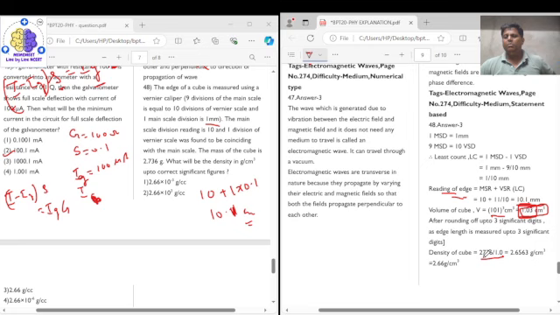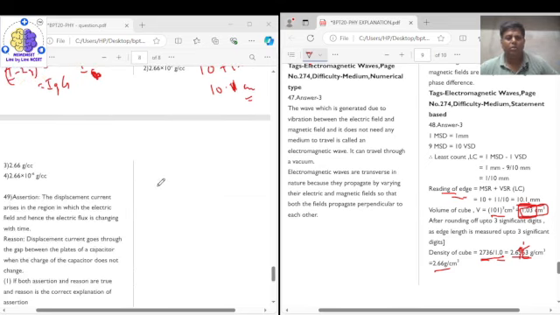Now the density of the cube will be equal to mass upon volume. When we calculate it, we have to convert it into three significant figures, so it will be 2.656. So we will have to remove the last part, and by removing it, this 5 will become 6, therefore our answer will become 2.66 gram per centimeter cube. So the correct answer for question number 48 is 2.66 gram per centimeter cube, which is option 3.